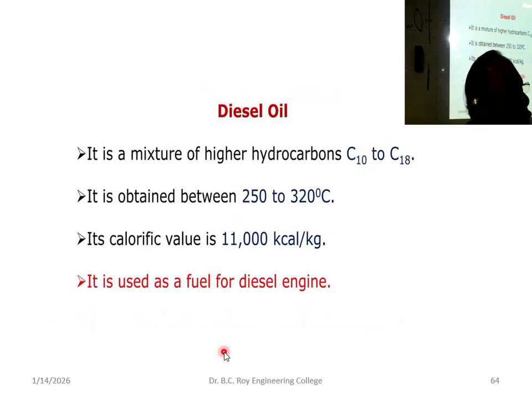These two jets knock together and there is no spark plug; ignition is automatic. The petrol engine runs by the spark plug mechanism, and the diesel engine by this internal nozzle system.